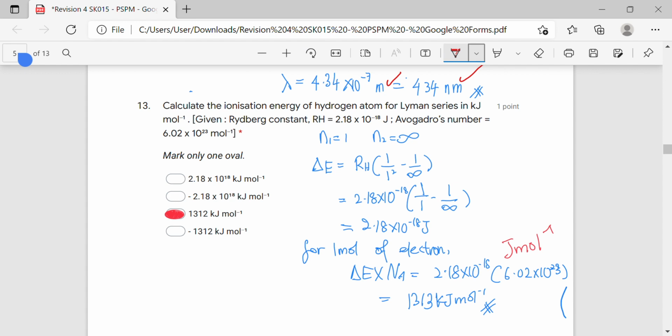So, ionization energy kita tahu refer kepada the highest N equal to infinity. So, untuk Lyman, so refer kepada all electron drop to 1. So, N1 equals to 1, N2 equal to infinity. So, untuk 1 mole, so perlulah darabkan dengan Avogadro constant 6.02 exponent 23.